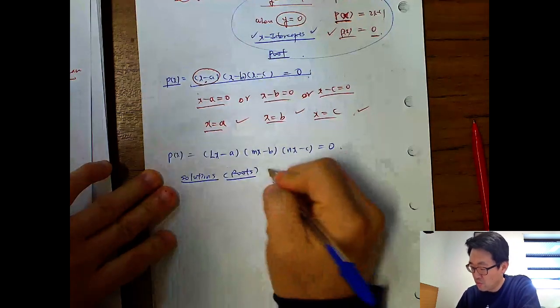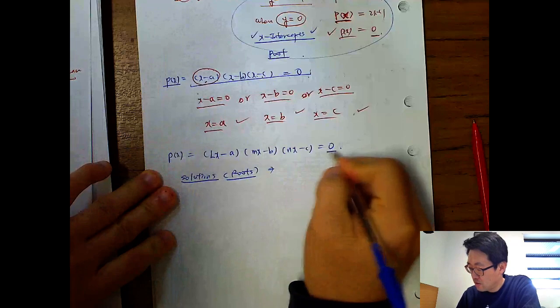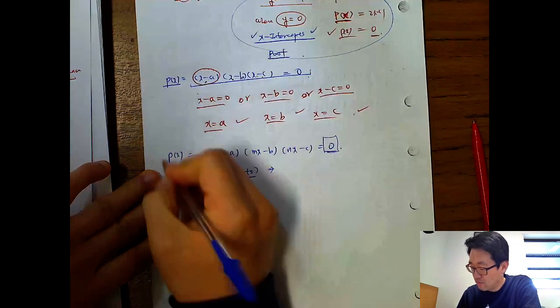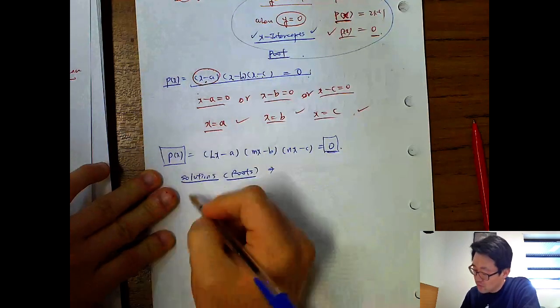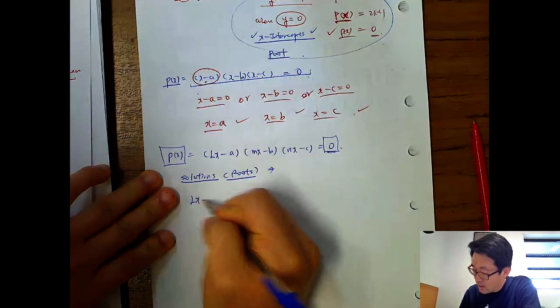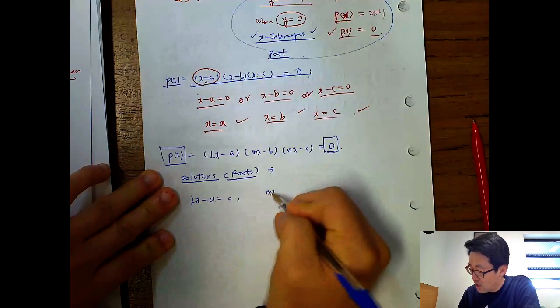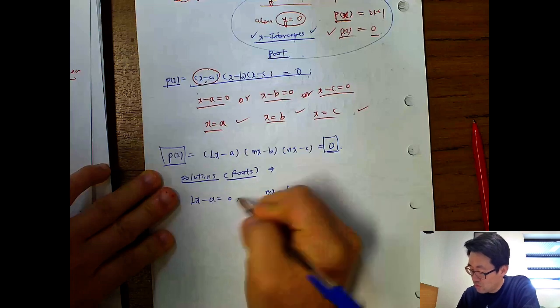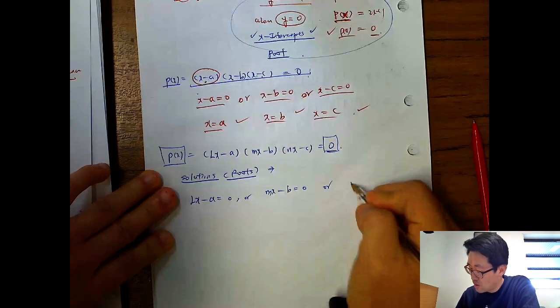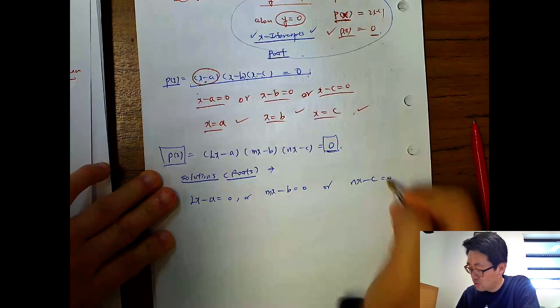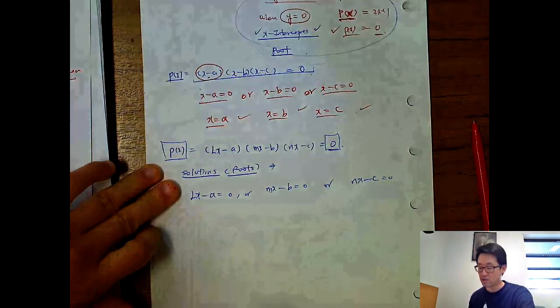Solutions, roots, which means what? When, what is x when P(x) or y equals 0? When Lx minus a equals 0, or mx minus b equals 0, or nx minus c equals 0. That's why I keep using the language or, because it doesn't matter.